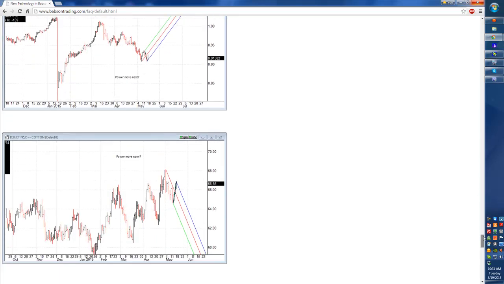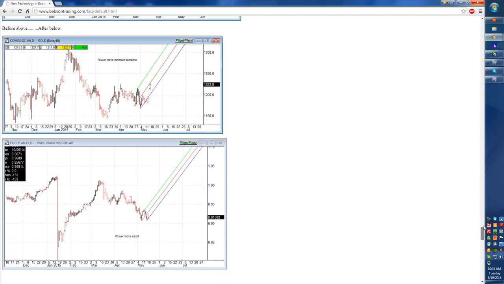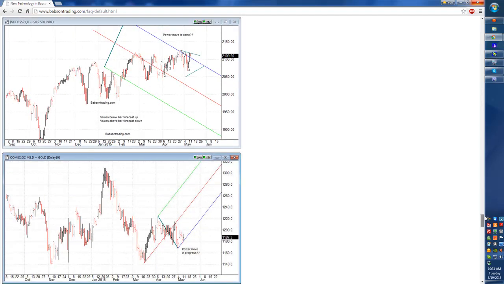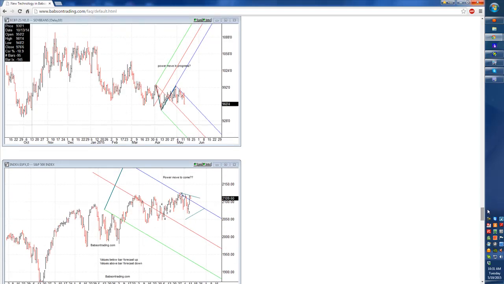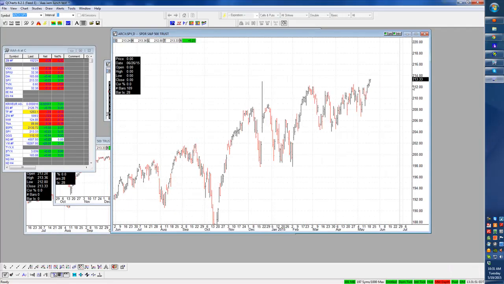Here's the Swiss franc, and here's the cotton, which I'm presently in, and here's the soybeans. Let's take a look and see what actually happened in those. Okay, let's take a look at soybeans.